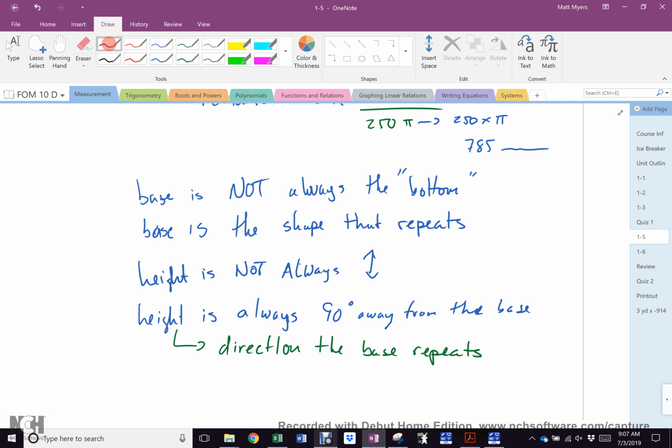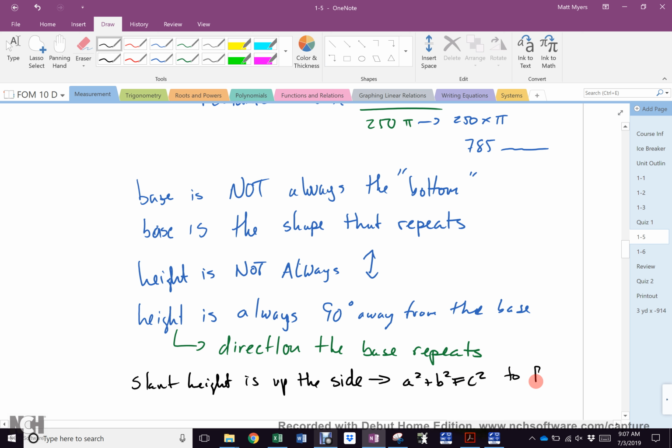And last thing to remember, slant height is up the side. And we often need to use Pythagoras to find it. That's the review of everything we just did.